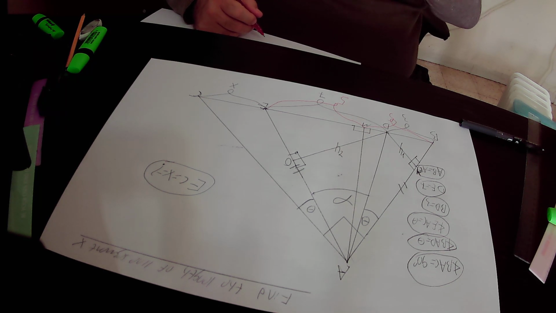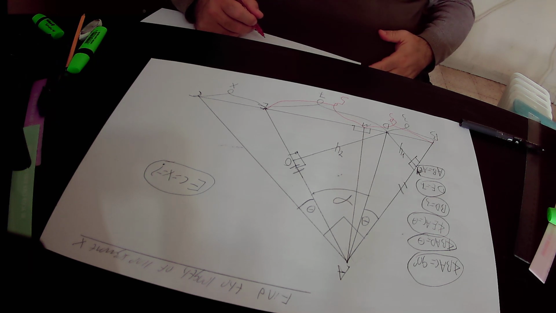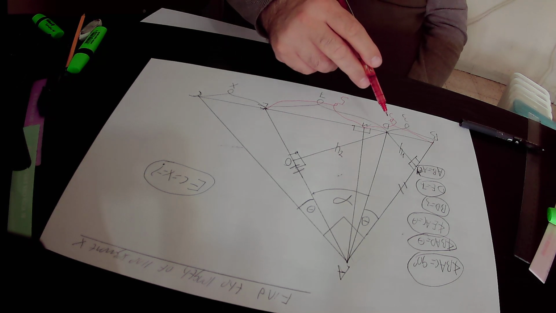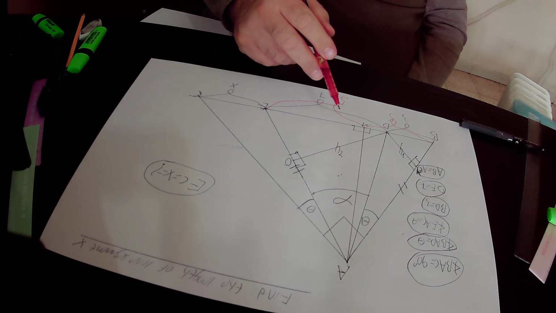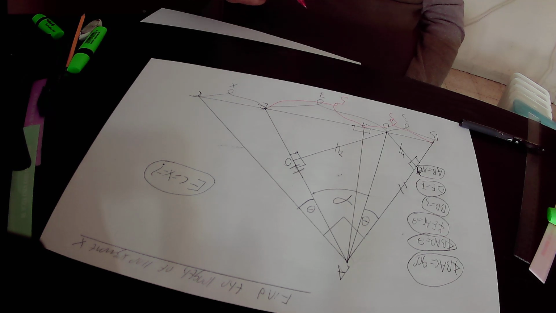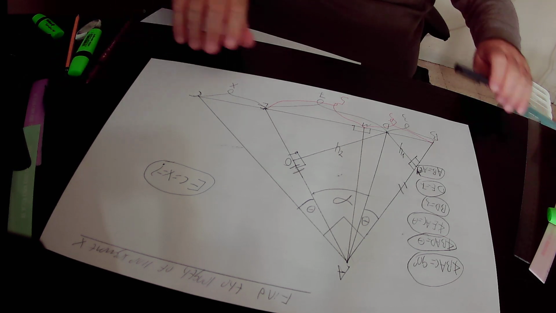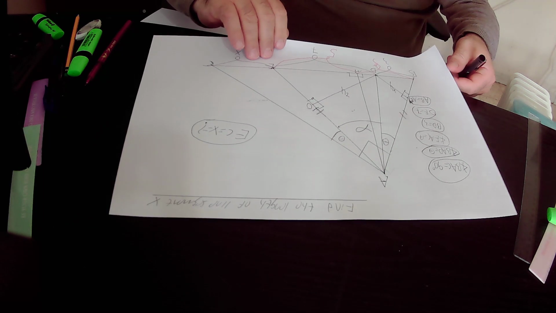So in the next step we will focus on the right triangles, triangle ABM and triangle AME, and we will prove that those two triangles can go into each other. I'll repeat again.